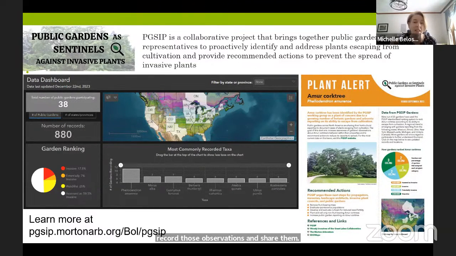And as Kurt said, the database is restricted access just for gardens, but now that we have enough gardens contributing and enough data in our database, we're able to share some of the trends that are coming out of that project with other stakeholders and interested parties. So as Kurt mentioned, we have our data dashboard, which keep an eye on because I think it's going to be updated again very soon. We now have 42 gardens.